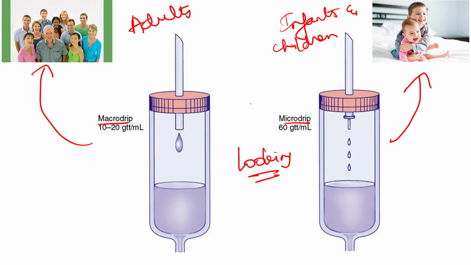So, how will we find out which one is a macro and which one is a micro drop set? Just by looking at the image.